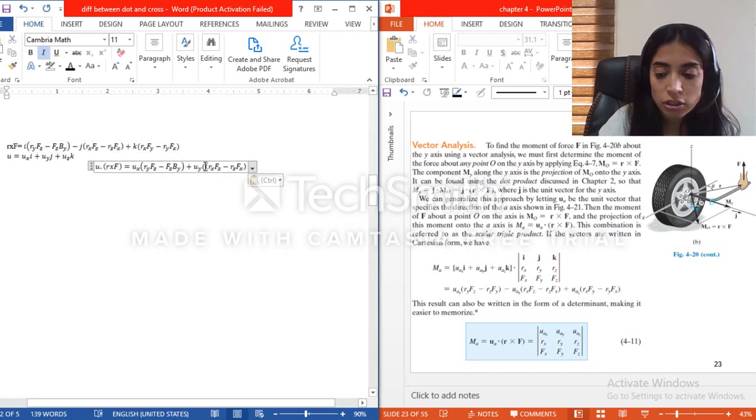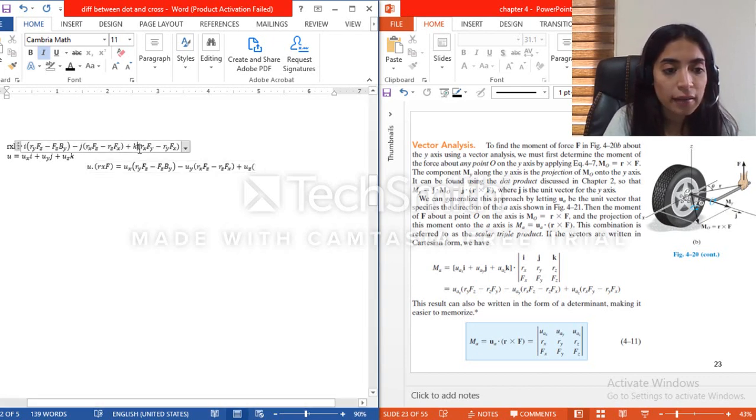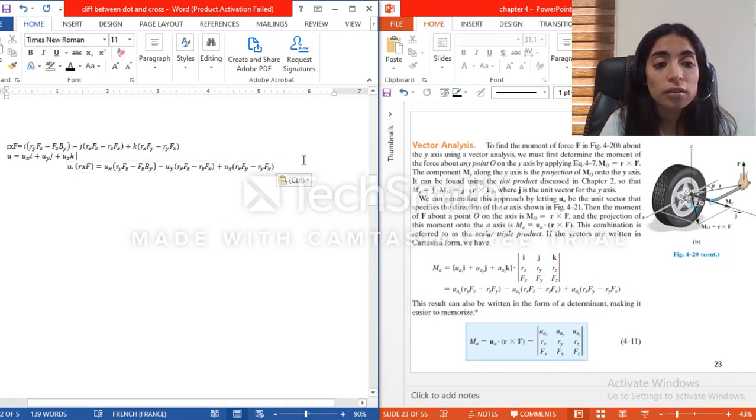So of course I should put here minus instead of plus, and finally plus uz times z of r cross f. Okay, so basically this is u dot r cross f.